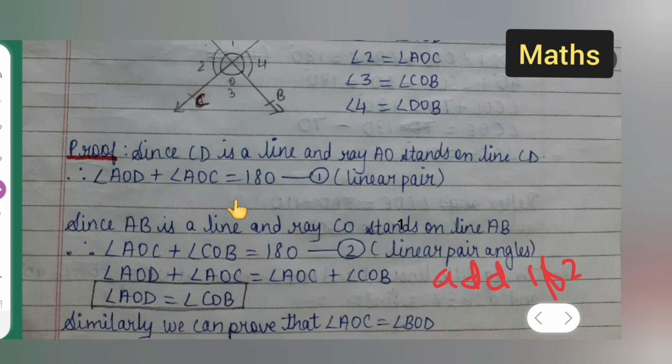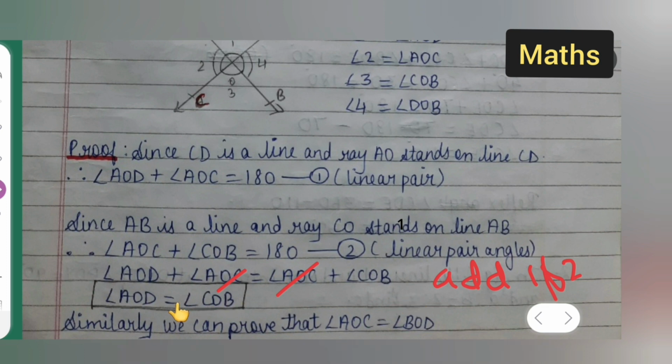You will get angle AOD plus angle AOC is equal to angle AOC plus angle COB. Angle AOC is going to get cancelled. Finally, what remains is angle AOD is equal to angle COB.